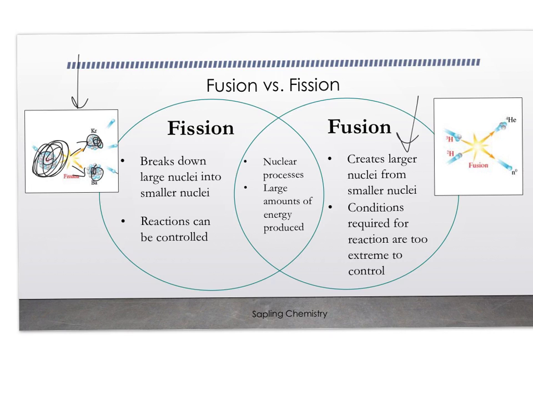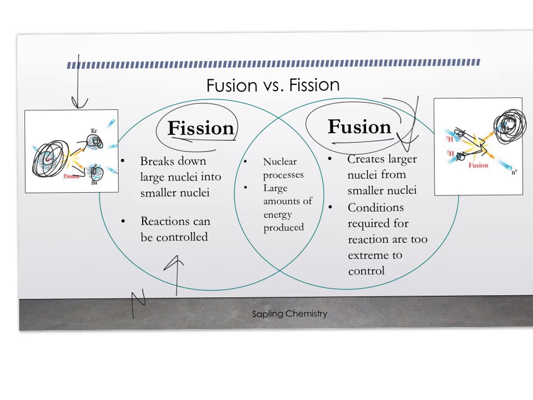On the other hand, fusion is creating large nuclei from small nuclei. So you see these 2 hydrogens coming together, and then they're going to form helium. So whenever you have 2 smaller nuclei fusing together to make something larger, that's fusion. So fission is breaking down, fusion is fusing together and making it larger.